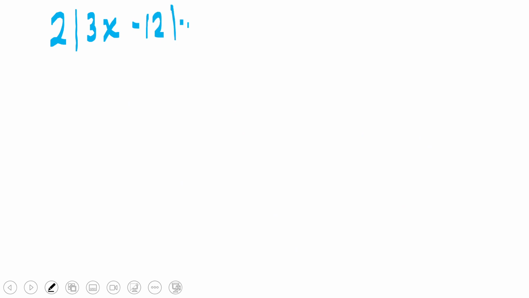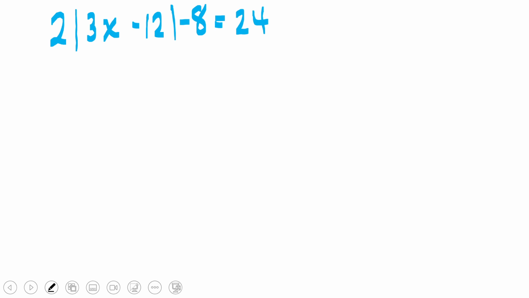Alright, if you're asked to solve something like 2 times the absolute value of 3x minus 12, minus 8, all equals 24, then get it to a point where we can find our two equations. Let's drop the extra information.